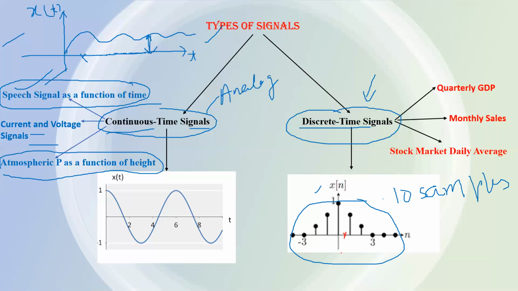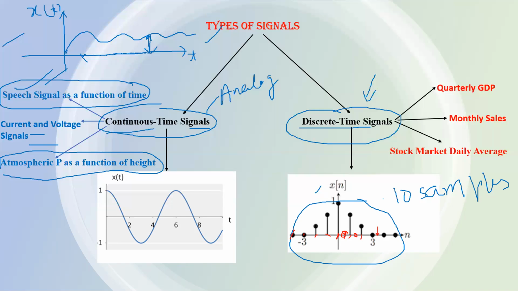You cannot say its amplitude at this point is zero. The correct answer is its amplitude at this point is not defined. Its amplitude is defined only here, at this point, at this point, at the origin, at this point, only at 10 sample points you can define its amplitude.